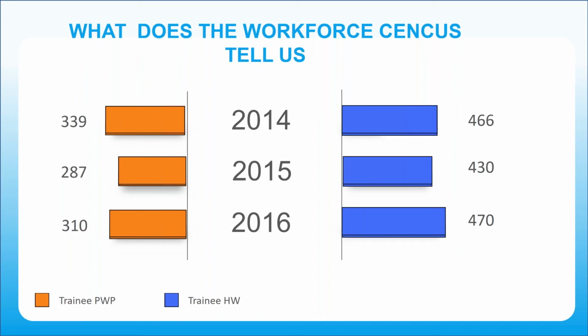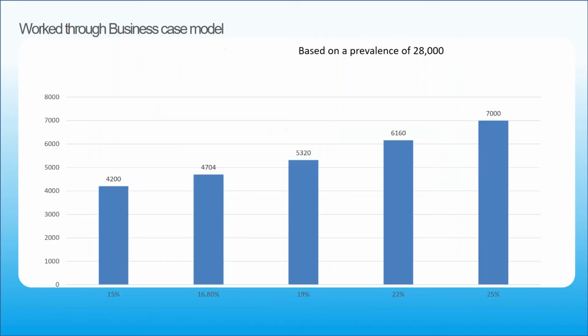So here we go. I've taken just a random service, and I've used a prevalence of about 28,000 people, which shows that at 15% they need to see 4,200 people a year, and then at 16.8%, 4,700, 19%, 5,300, and then up to 6,000, and then 7,000 in the final year.